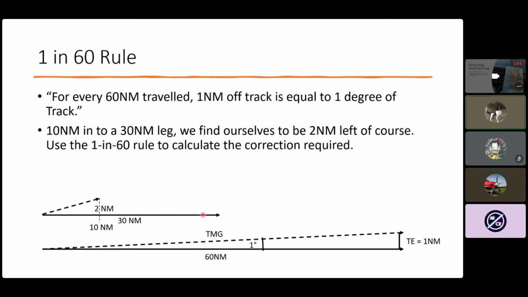The black arrow is the track that we're supposed to be following. The dotted arrow is the track made good. So our aeroplane's here rather than here. We've used a feature below us to identify on the chart. We've measured that distance to be 2 miles and we've measured that distance to be 10 miles. Is that clear? Because it's important that you understand before we go on with the problem.